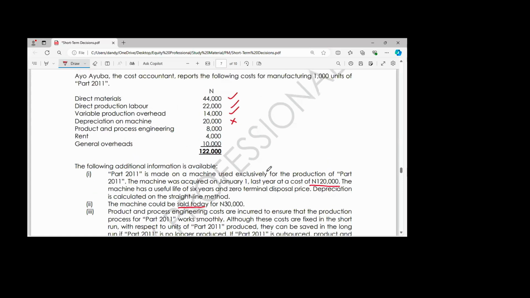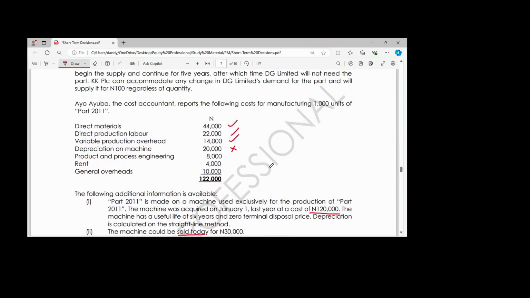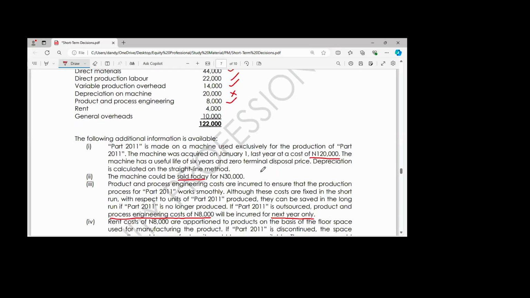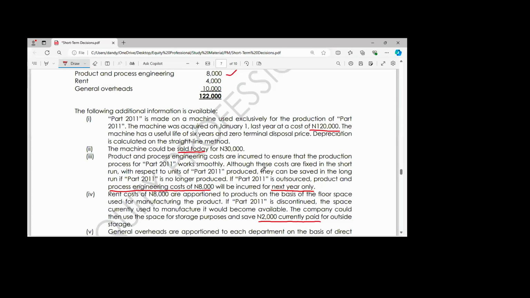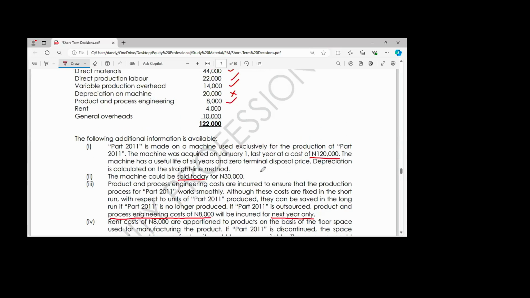If they don't incur them, the production run will not go smoothly.